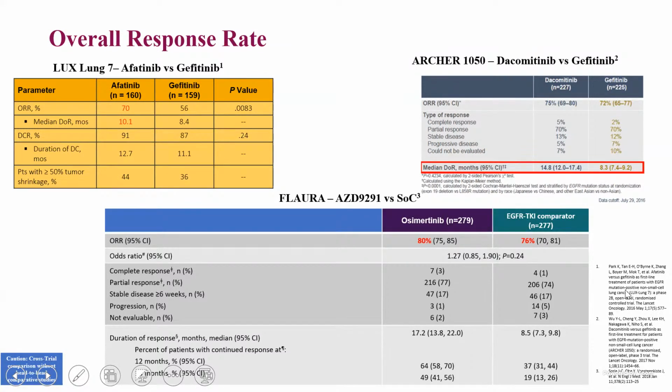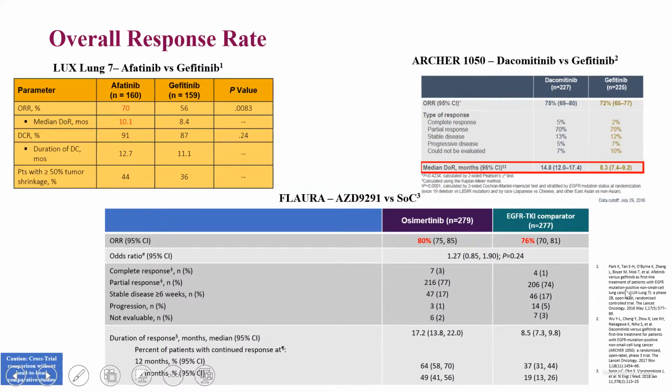Patients with more than 50% tumor shrinkage, 44 versus 36. In dacomitinib, complete response has been shown as 5%, in gefitinib 2%, partial response 70%, stable disease 13% and 12%, progressive disease 5 to 7%, and median duration of response is around 14.8 versus 8.3 months.